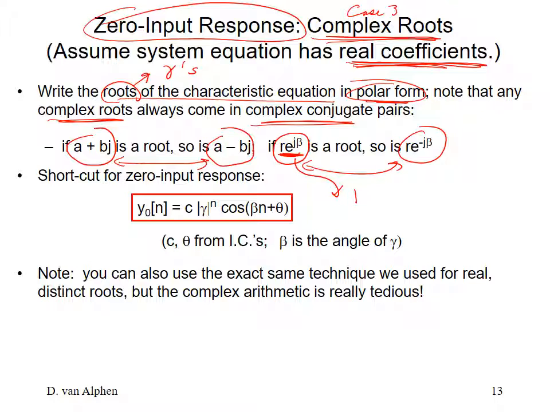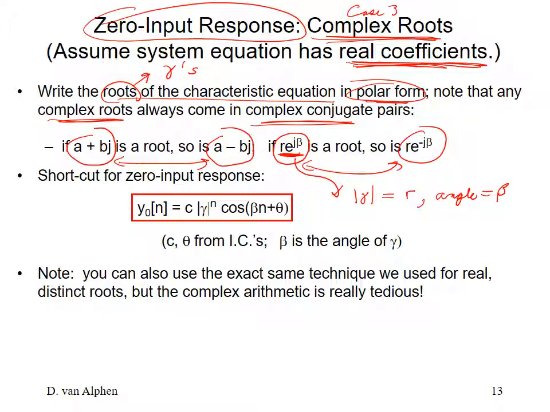The magnitude of gamma here is that number r, right? The angle is the number beta, the angle of the complex root. So re to the j beta, that's the magnitude of gamma, and then the angle is going to be beta.